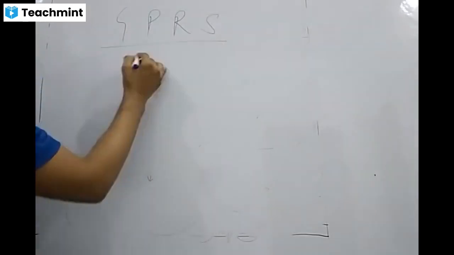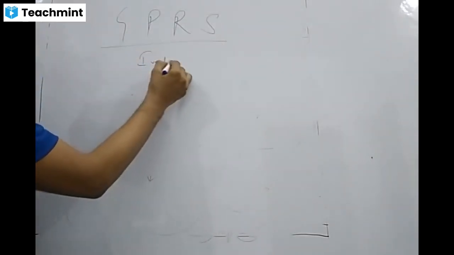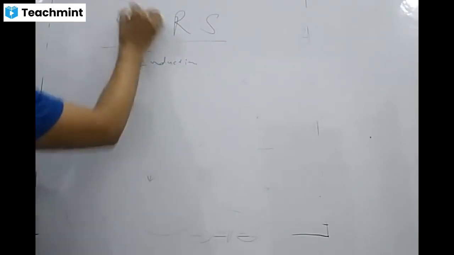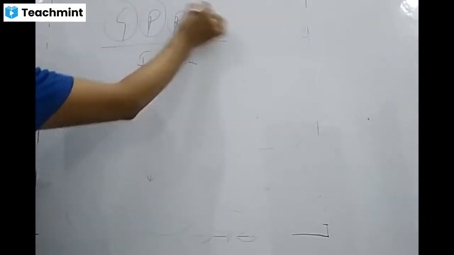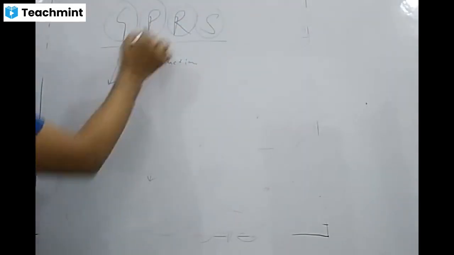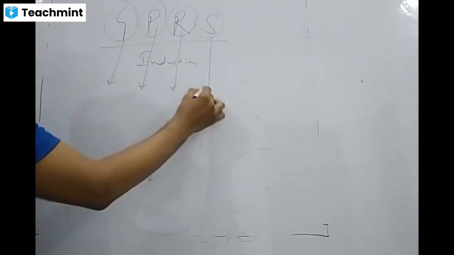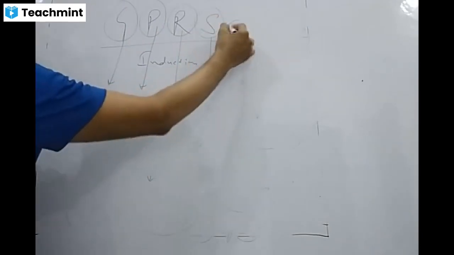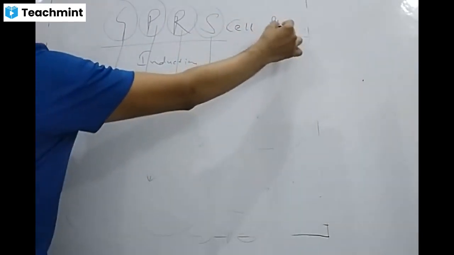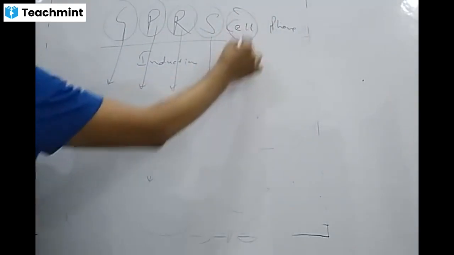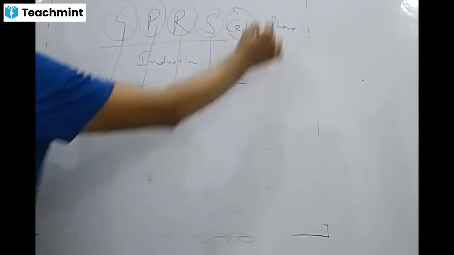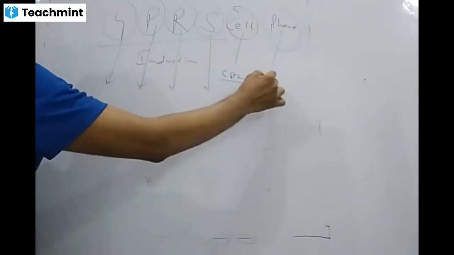These are the examples of enzyme induction. These are drugs like griseofulvin, phenobarbital meaning barbiturate, rifampicin, and this is smoking, and cell phone, that is CBZ, and P is phenytoin.